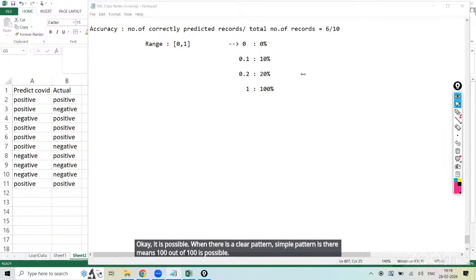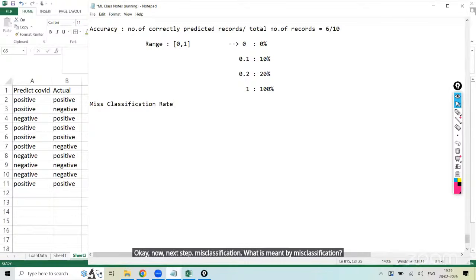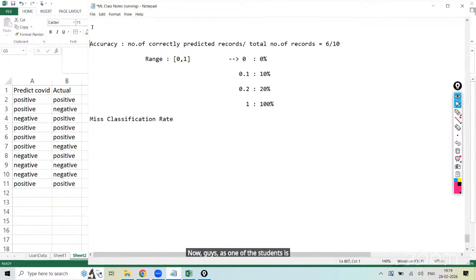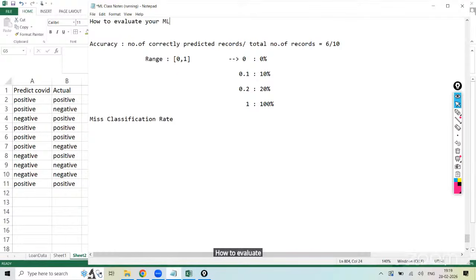Okay, now next, misclassification. What is meant by misclassification? Now, guys, one of the students is asking, sir, what exactly are we going to learn here, as if he's completely new. We are checking how to evaluate your ML model.